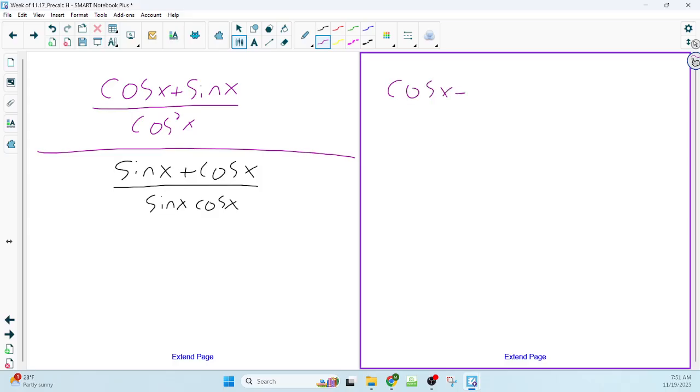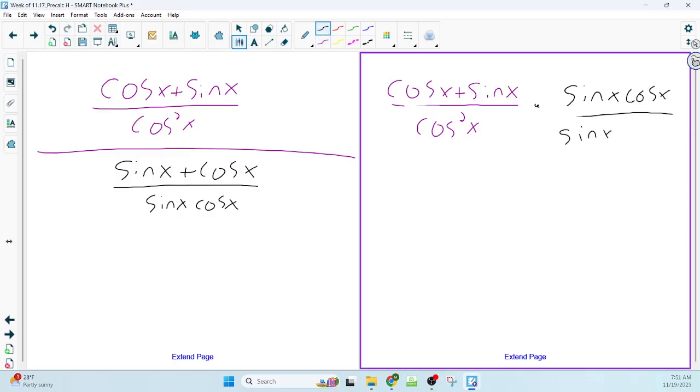And the good news is that the next section, we don't really do anything but this same stuff over again and just verify. So we're not really learning anything new. We're going to flip this, which is going to be sine of x cosine of x underneath sine of x plus cosine of x.